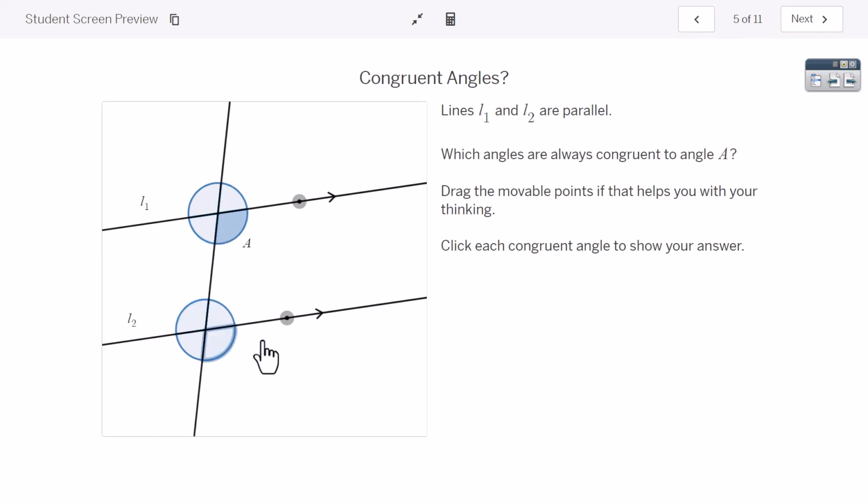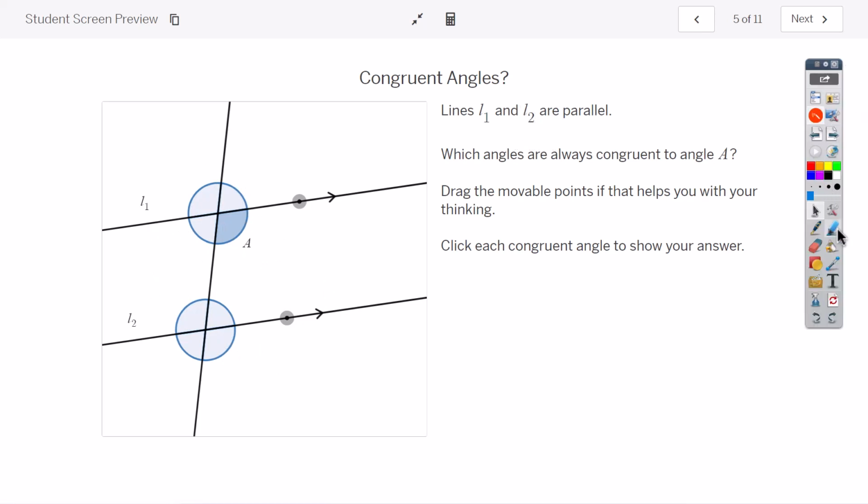Now, what's important in this figure on the left is that the 2 lines are parallel. I'm going to highlight those for you here and talk just a little bit about the symbol that's used to show that lines are parallel, and what that means for us.